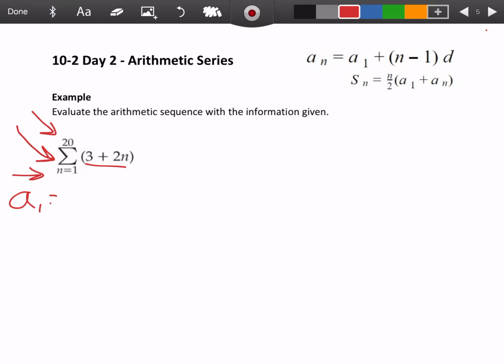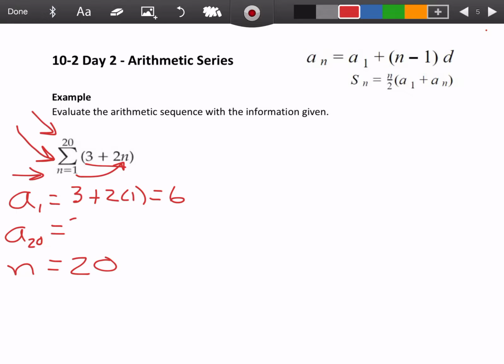So, we still need to find a of 1, we still need to find a of 20, and our n, well, that's the one thing that we do know, our n is 20. That's how many terms we're going to be using here. So now a of 1, what we have to do is go 3 plus 2 times 1. We actually have to plug that 1 in for n, and that's going to equal 6.